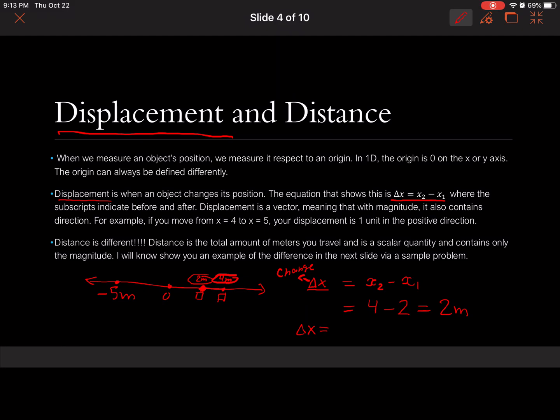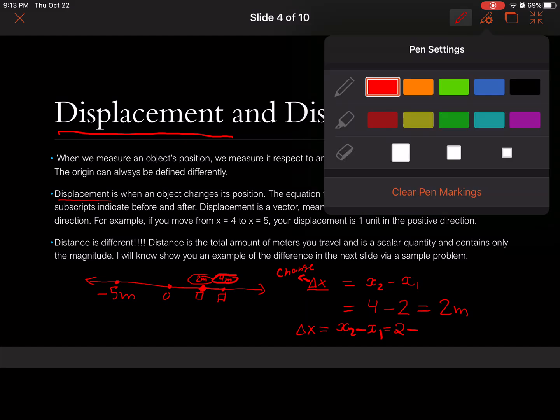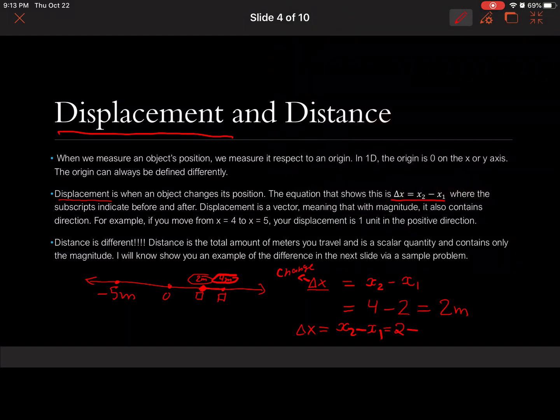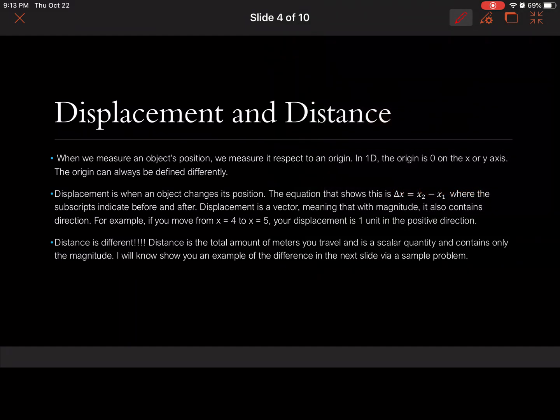So x2 minus x1. And then my final position, oh wait, I switched it, sorry. Oh no, pen froze. Okay, so let me redraw this.